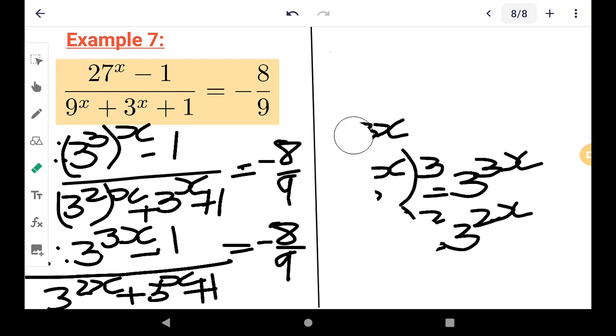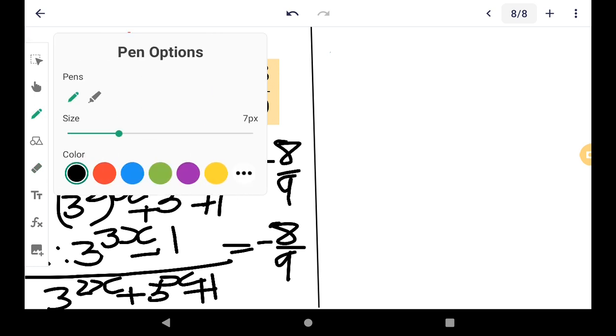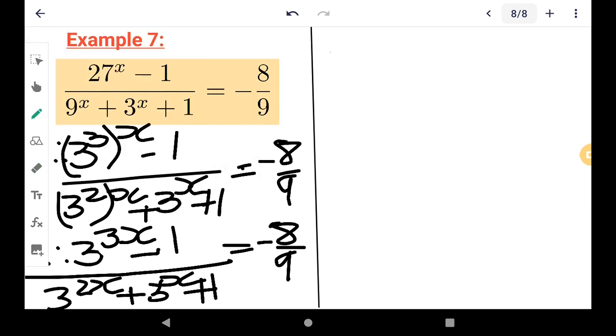So now let's continue. Let's factorize the difference of 2 cubes. But before we do that, we let k equal 3 to the power of x.